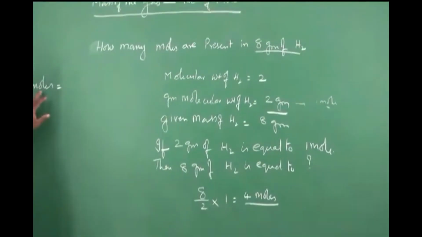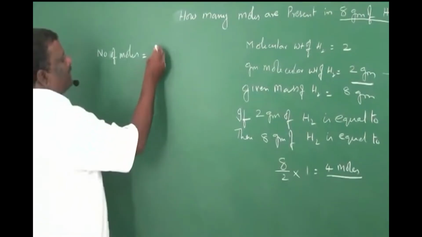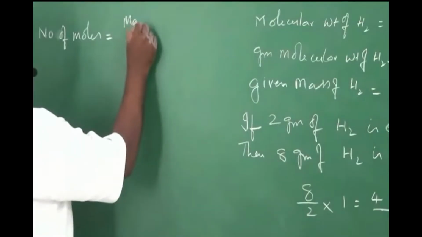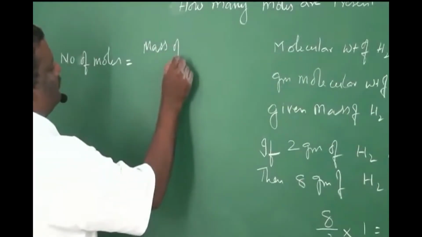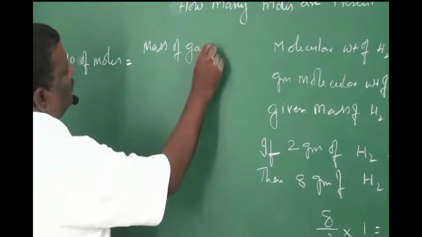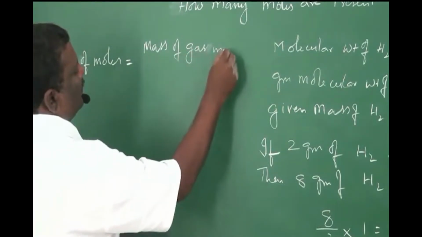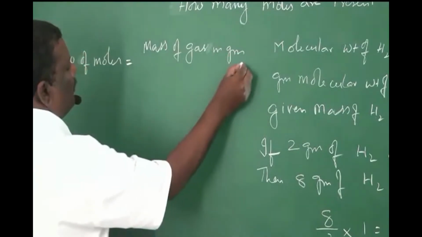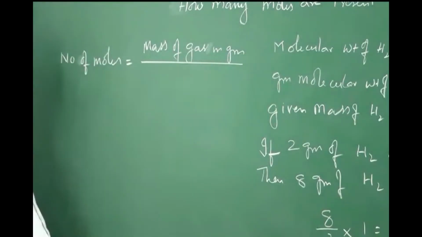So from that relation, you can write the number of moles like this: mass of gas in grams by gram molecular weight.